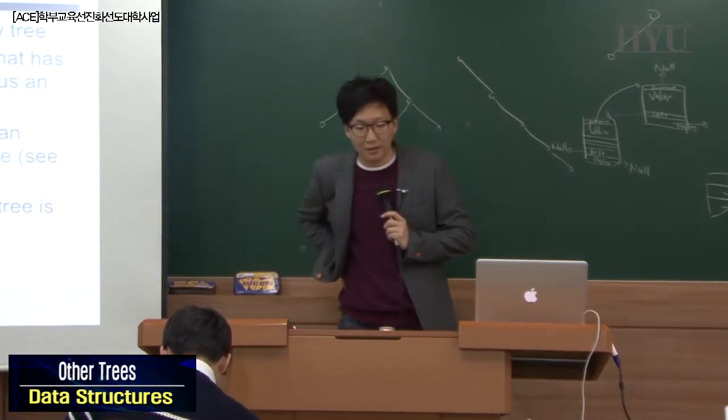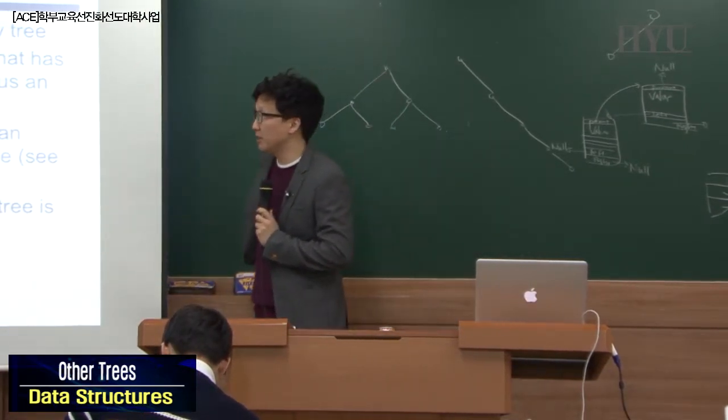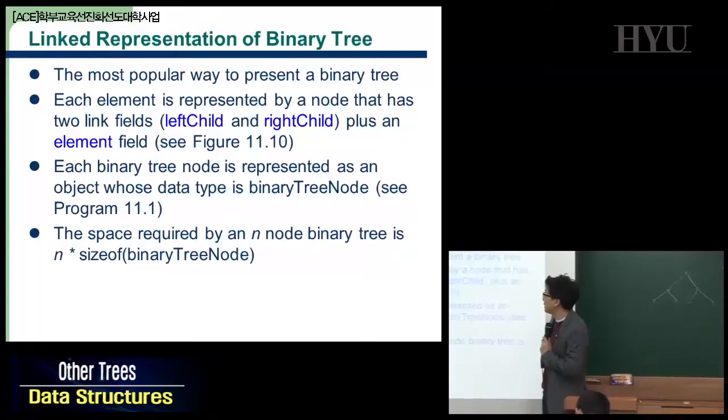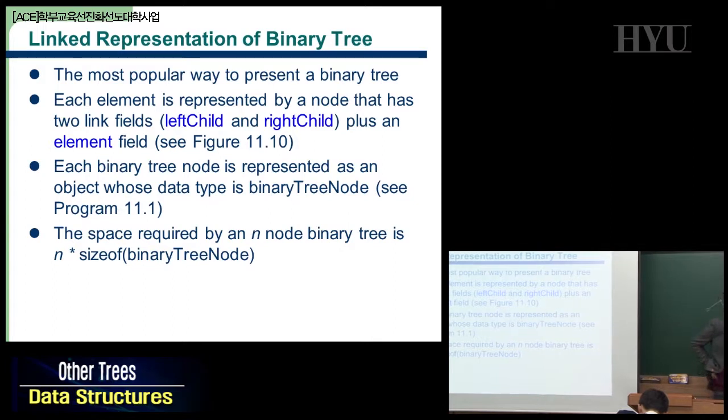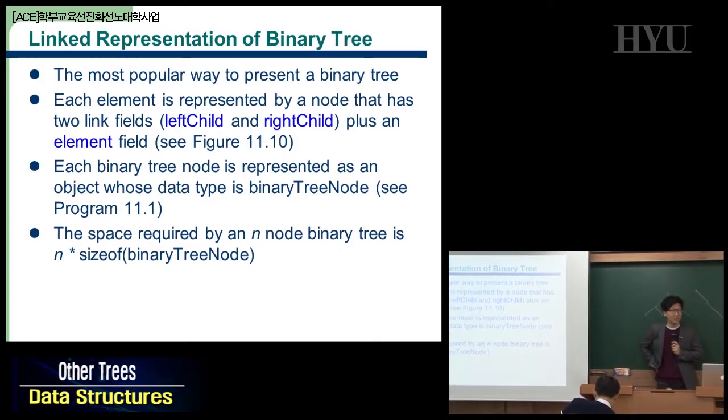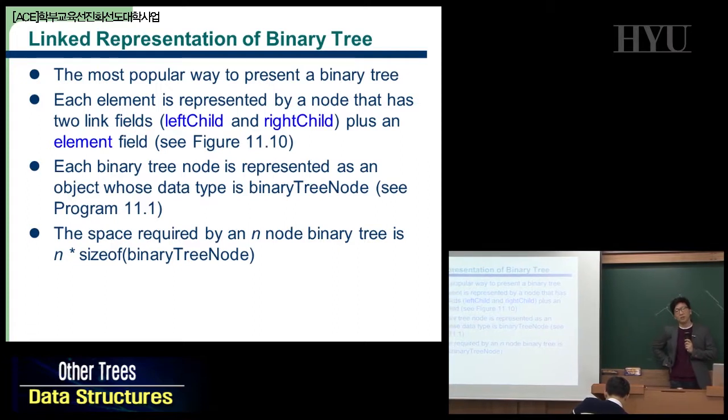Linked list representation is the most popular way to represent a binary tree. I mean, naturally, if you look at those array examples, there will be a lot of wasted spaces because we don't know what the trees will look like. In some cases, like his question was, if you have no idea how many elements will be in the tree, then what are you going to do?